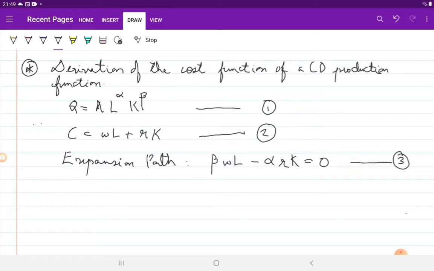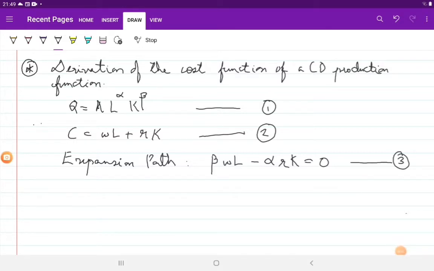Now, if we manage to solve these three bits of information, or these three equations simultaneously, we will actually end up deriving the cost as a function of the output being produced. So let's go about it.